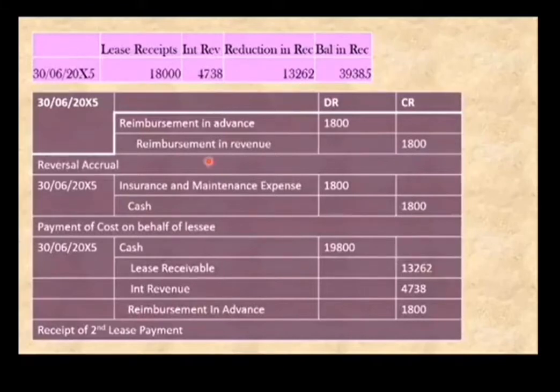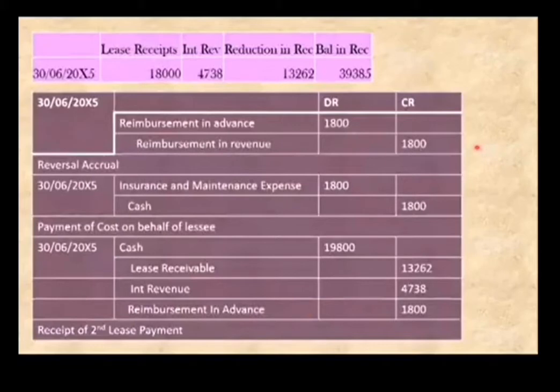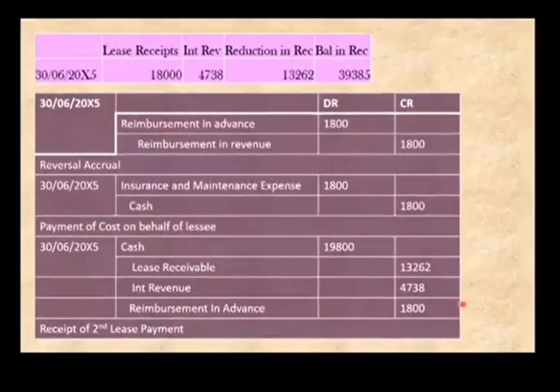This entry is to support this 1,800. And then we have insurance and maintenance expense. It should be done on an annual basis. It's from the question as well, 1,800. And this one is the lease receivable payment, so the cash is 19,800.